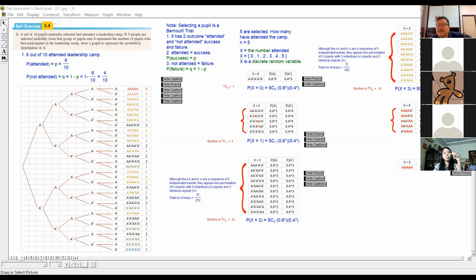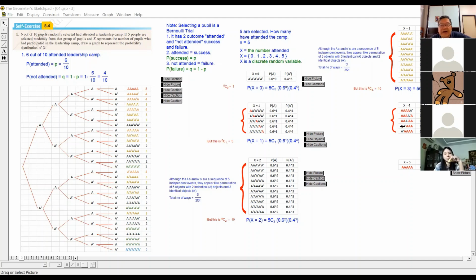You see here, X to the power 3 that time, 5 choose 3, 0.6 also power of 3. Then 0.4 is 2. Why 2? Because altogether 5, already 3 success, so 2 failure. 5 minus 3. So you get the 2 here.